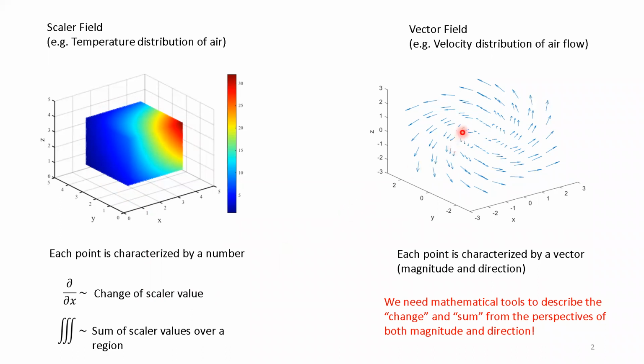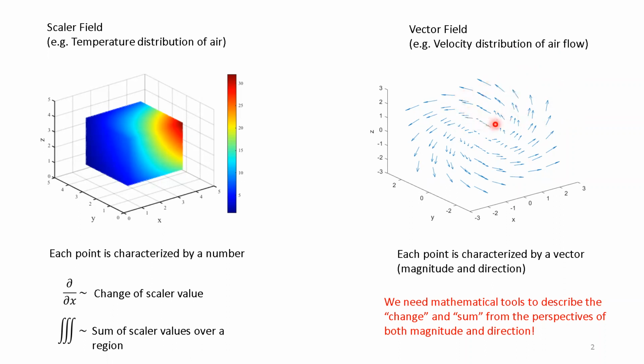So here we are going to consider a vector valued function, or call it a vector field. Again, you can consider a room, and air flows in the room, and at different regions in that room we have different velocity for the airflow.